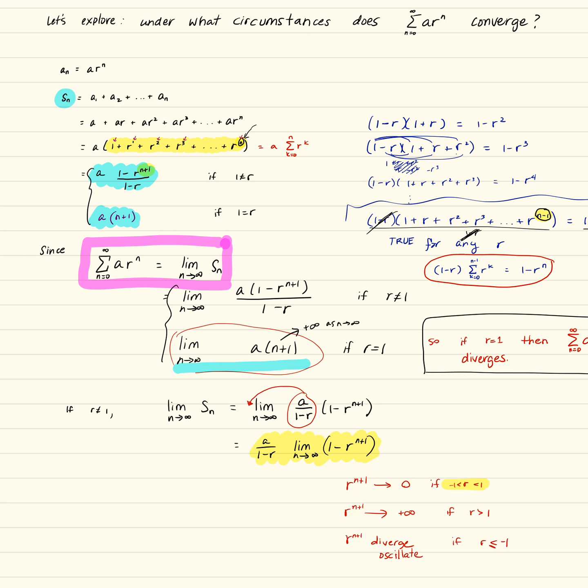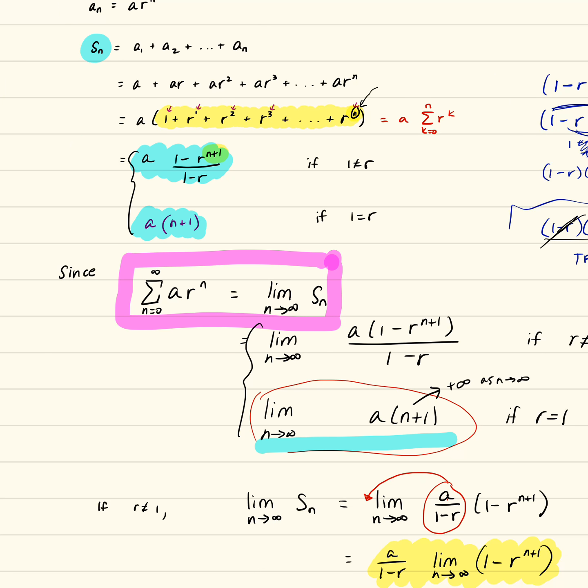Okay, if r is not equal to 1, then we're taking the limit of S sub n. But remember, S sub n is going to be a times, I don't know if you can see where I'm pointing.